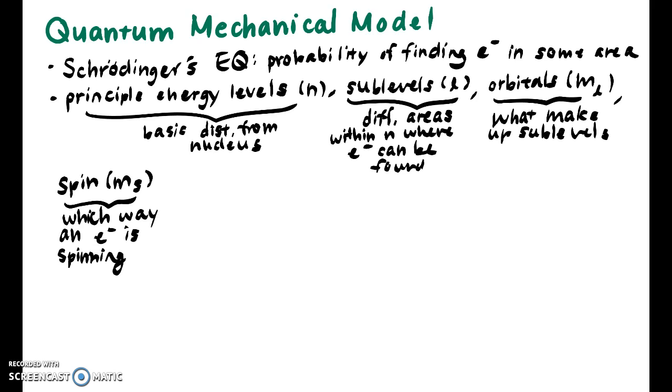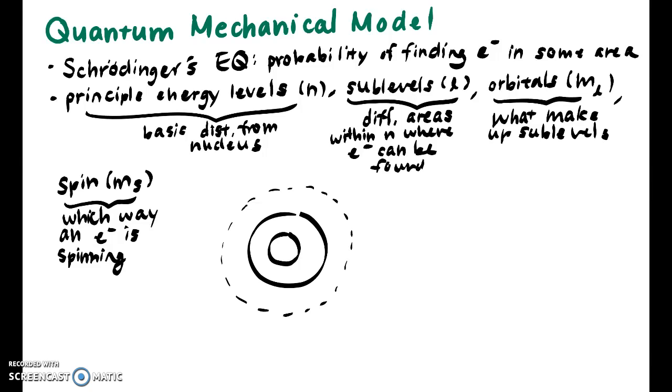So in the quantum mechanical model, we don't have electrons moving around in set orbits around our nucleus. Rather, we have, let's say, our nucleus in the middle, and then we have our principal energy level, let's say 1, and then we have different sublevels, such as an area like so, where the first few electrons will be found, and then perhaps something like this, where the next few electrons are, and then something that's more 3D, and then we move on to the second one.